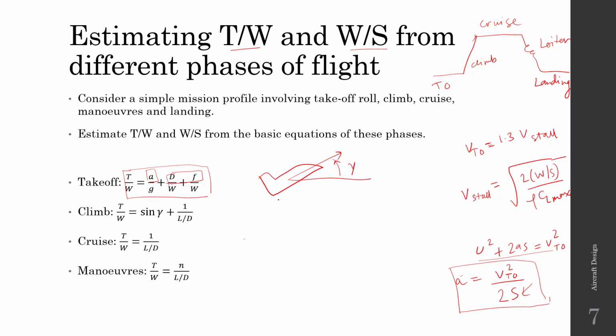If we consider that the aircraft is climbing at a climb angle of gamma, then we can draw the free body diagram. And now you can resolve the components.